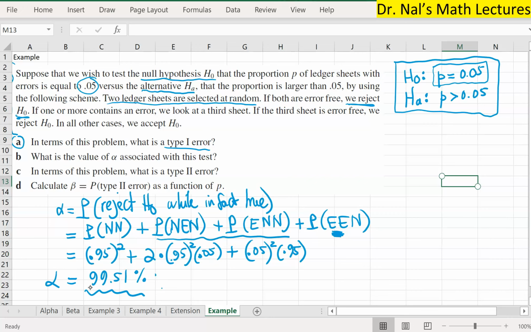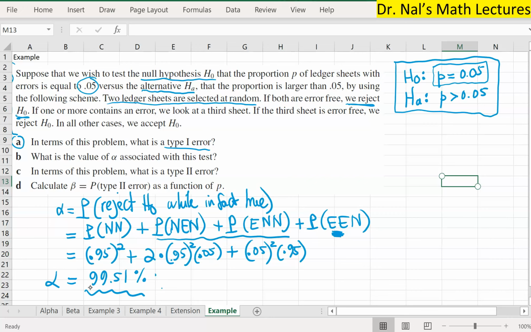So for part C, in terms of this problem, what is a type 2 error? Remember, type 2 error is associated with rejecting the alternative hypothesis while it was actually true, right? So in this example, you are concluding that the probability of an error is 0.05 or less, while in fact it is greater than 0.05.